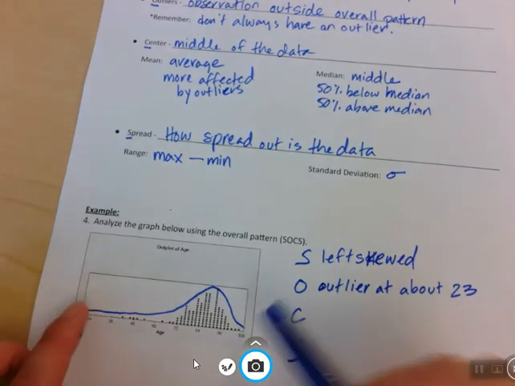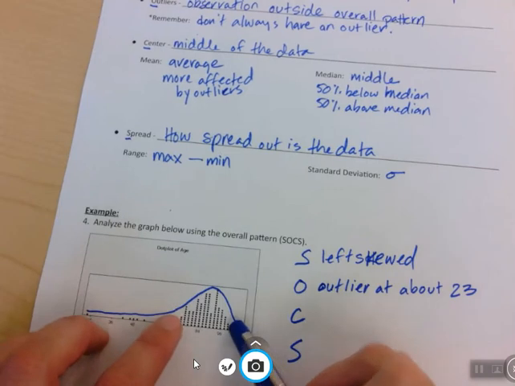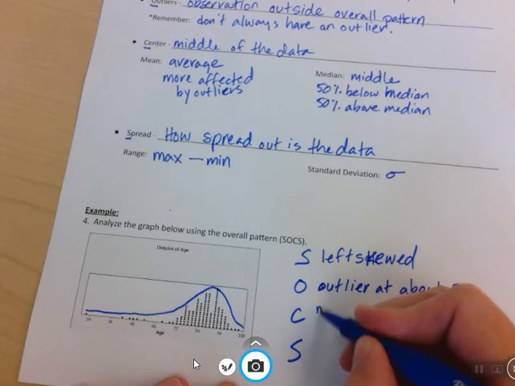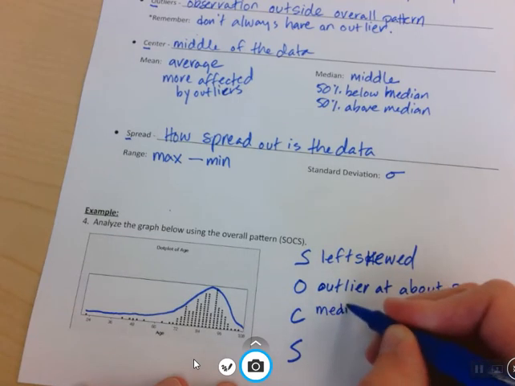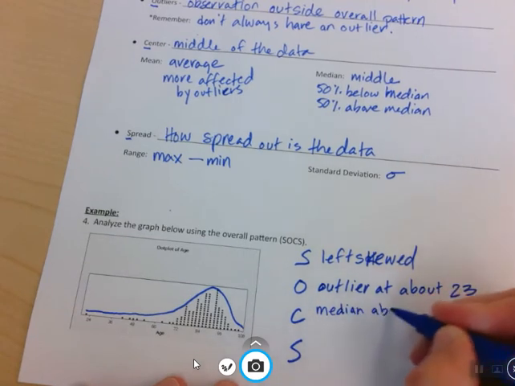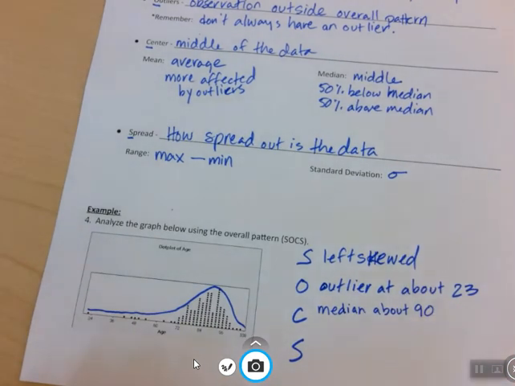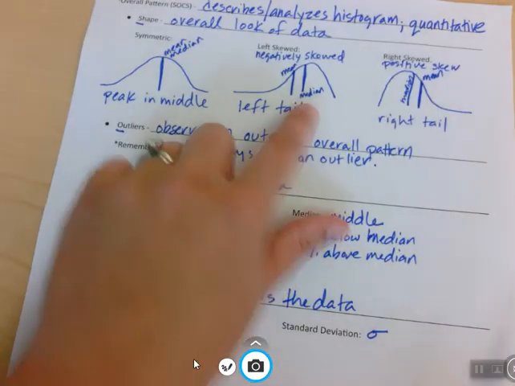You could find the median by counting in. So if you were to count in all of these points, we would find that the median is about 90. But another thing you could tell me about the center is that because we know that this is a left skew, we know that the median is greater than the mean.